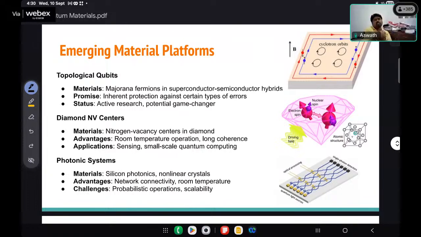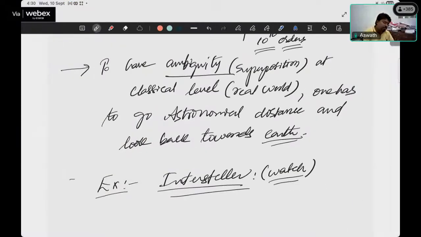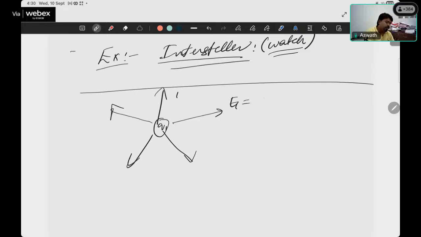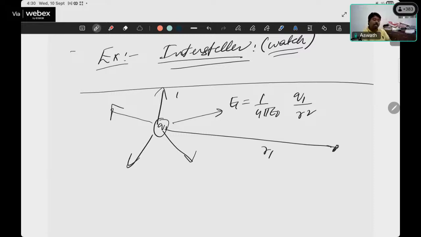I think superposition in the classical case is seen, let's say there is one charge Q1, it generates an electric field around it, let's say E1, which is 1 by 4 pi epsilon naught Q1 divided by R square. What is R? Let's say at this point, which is at a distance of R1.